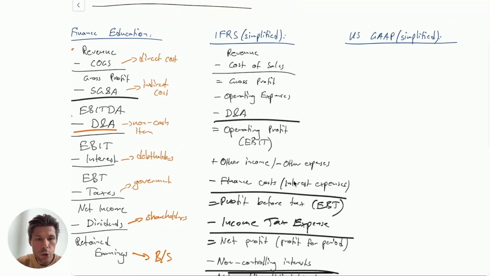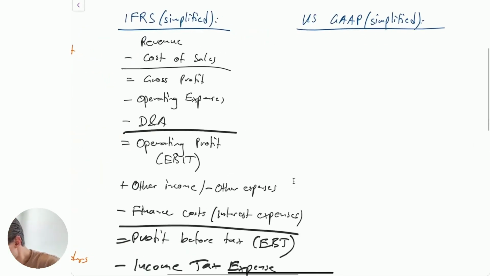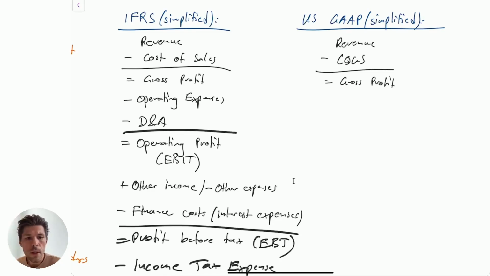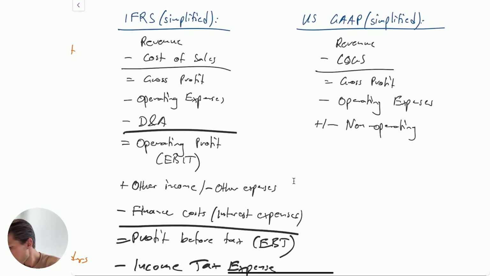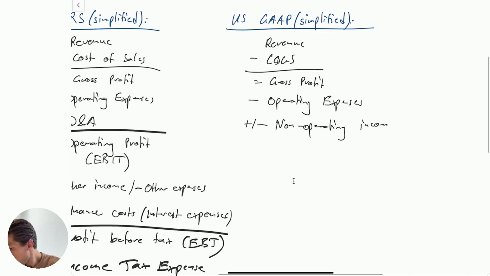And then if we look at US GAAP, again, we start here with revenue. This is identical. Then here, COGS. Then we have the same gross profit. Then as well, operating expenses plus or minus non-operating income or expenses.